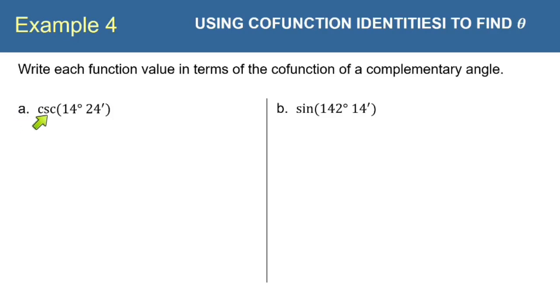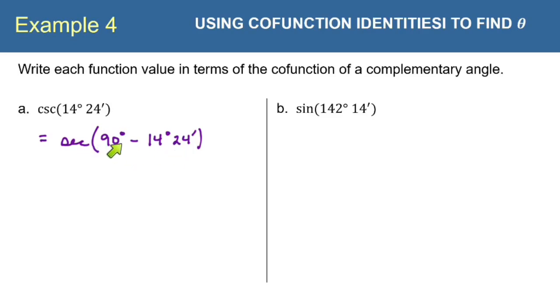So here in part A, where we have cosecant of 14 degrees and 24 minutes, in order to write this as the cofunction of a complementary angle, we know that the cofunction for cosecant is just secant. And we know that the complement of 14 degrees and 24 minutes is just going to be 90 degrees minus 14 degrees and 24 minutes.